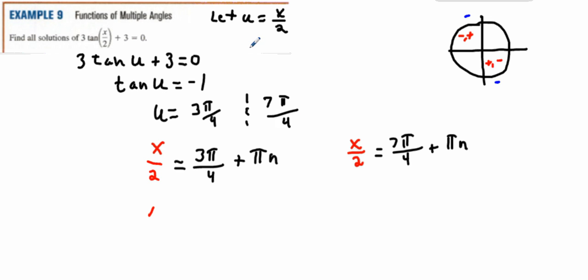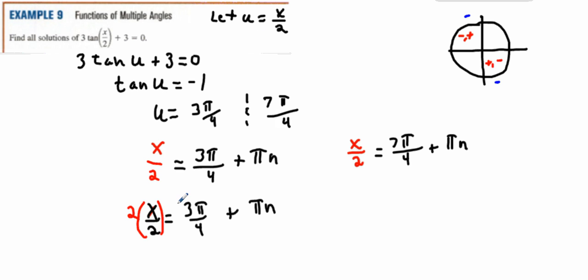Here's where it changes. Now I have to solve for x. So what I need to do to solve for x is to multiply each term, including the pi n, by 2. So I'm going to rewrite this exactly as we see here, and I'm going to multiply everything by 2.